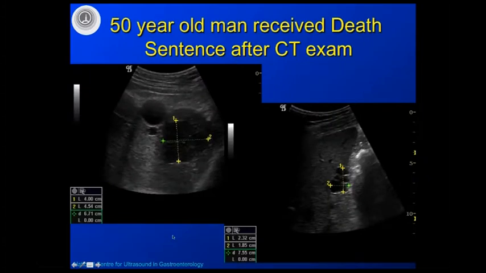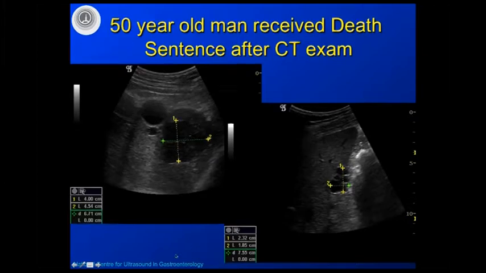This was actually a 50-year-old man that was referred after a CT examination, where the radiologist was really scaring him because he told him that he had only a few months left to live, because he was pretty sure that what he diagnosed on the CT was metastasis. However, this is the tumor, the very suspicious tumor. You can see he has a cyst close to it, and he has other cysts of the liver.